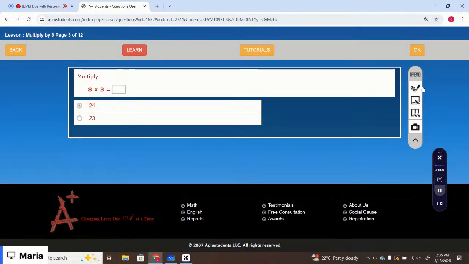If you don't know the table of 8, but you know the multiplication table for 3, you can do 3 times 8. That is exactly the same as 8 times 3.